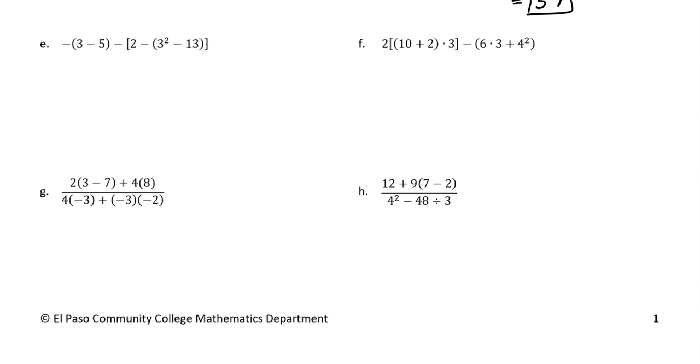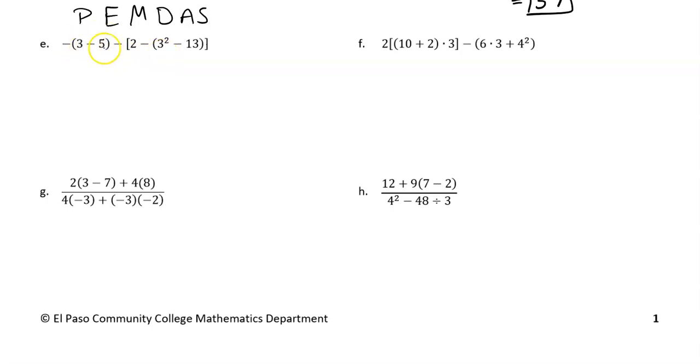Let's try example E. We have negative, parentheses, 3 minus 5, minus a square bracket, 2 minus parentheses, 3 squared, minus 13, close parentheses, close bracket. So in this case, thinking about parentheses, exponents, multiplication, division, addition, subtraction, I have parentheses in a lot of places.